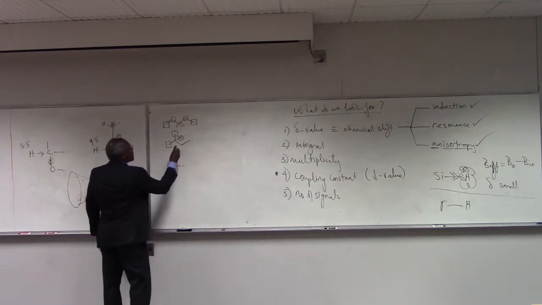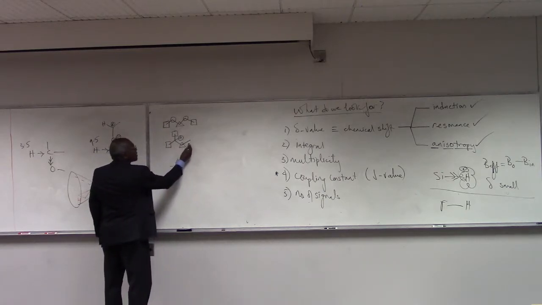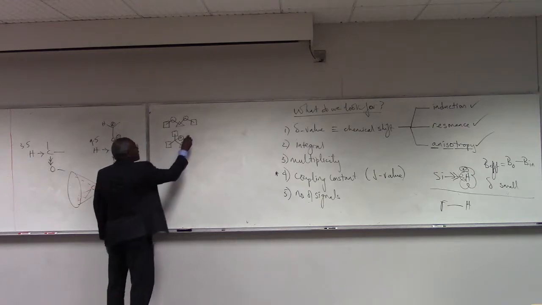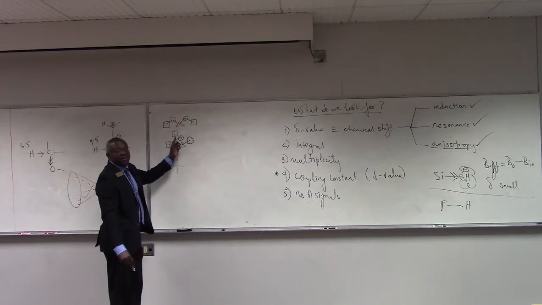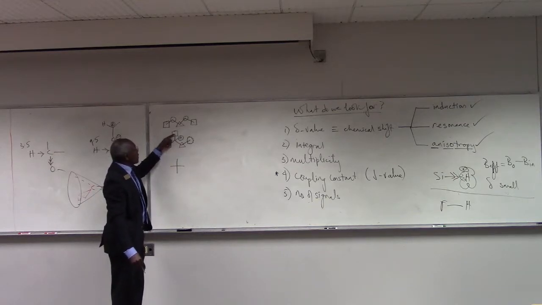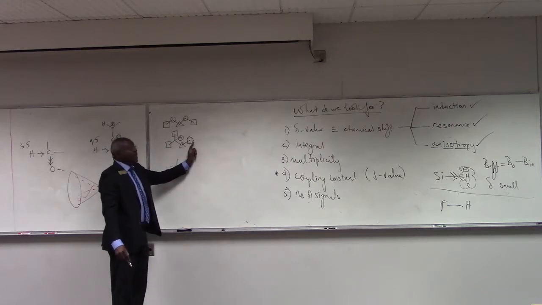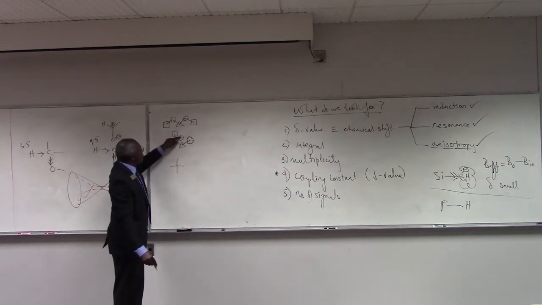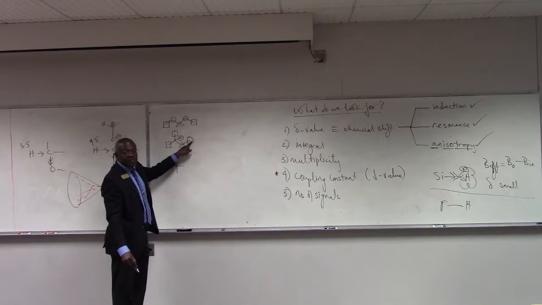Here I have a methylene attached to a methyl and an isopropyl. And here I have another methyl, but that methyl is different from the others. This methyl was part of a gem dimethyl unit. This one is not. So I would get 4 signals from this compound.